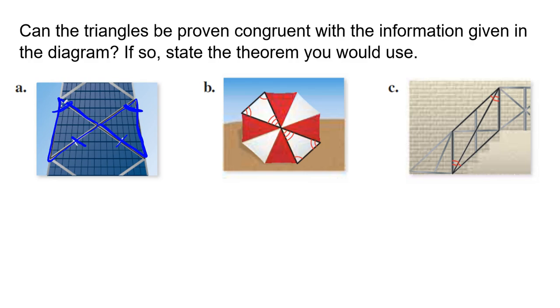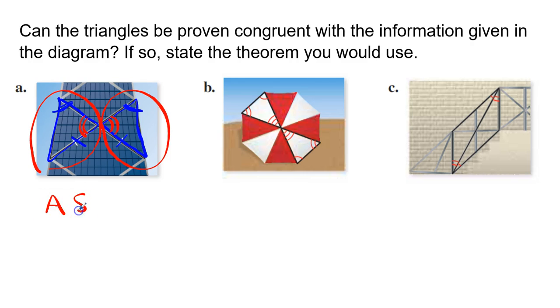But then we're going to keep looking into that diagram and see, do the triangles share a side, or maybe do we have vertical angles? And here you'll notice we do have vertical angles, so we know that those two are congruent. So we have two angles and a side on this triangle, congruent to two angles and a side on this triangle. The question is, where is the side?